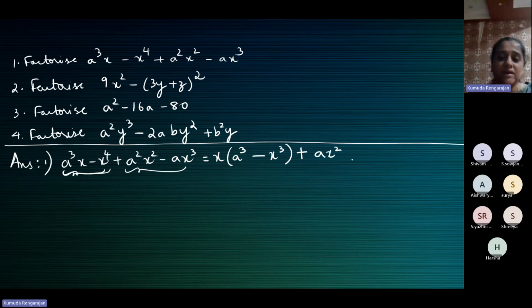A square and A, least power 1. So A is common. X square and x cube, power 2, power 3. The smallest power is 2. So x square is common. Open bracket.